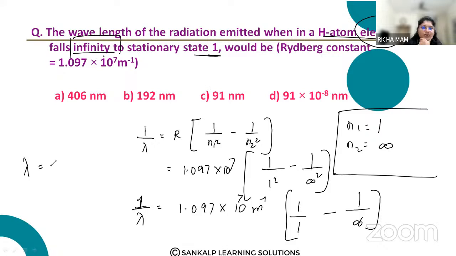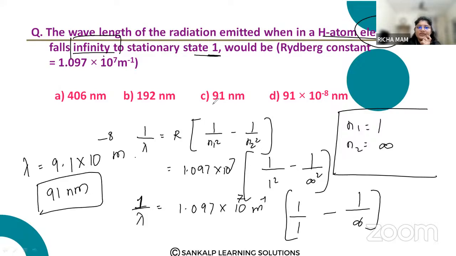If I take the reciprocal, it will be 9.1 into 10 raised to minus 8 meter. So that is nothing but 91 nanometer. So option number D, I'm getting the answer as D.